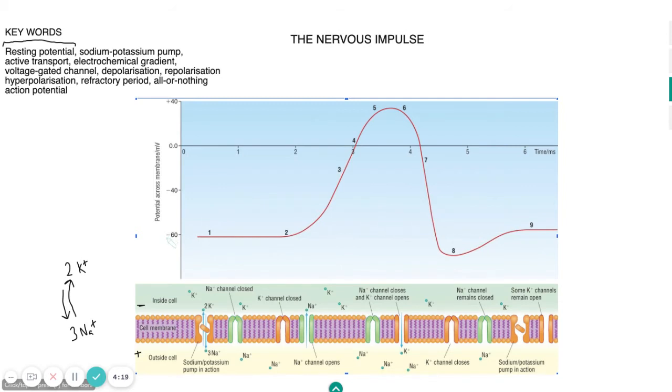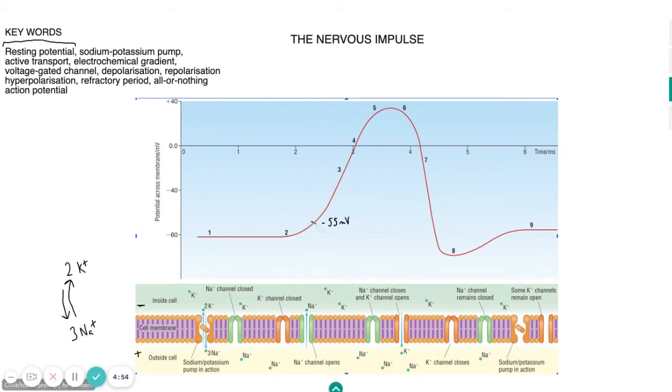If a stimulus takes place, for example, light enters the eye and the light receptors leak sodium ions, as more and more sodium ions leak, that's going to cause the voltage to become less negative to a point where it gets to this part here, which is about minus 55 millivolts. Minus 55 millivolts, there's our threshold level.